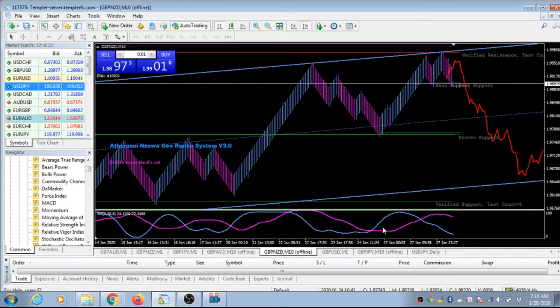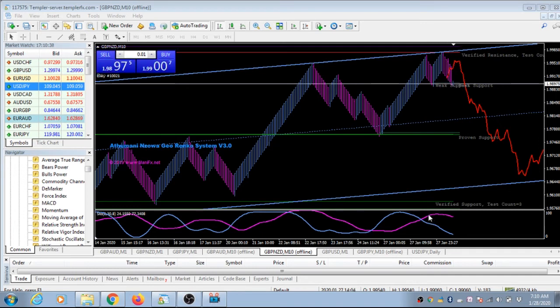So once you have the pink line above the blue line, or the waves, in other words, it means that the sellers have more power over the buyers.